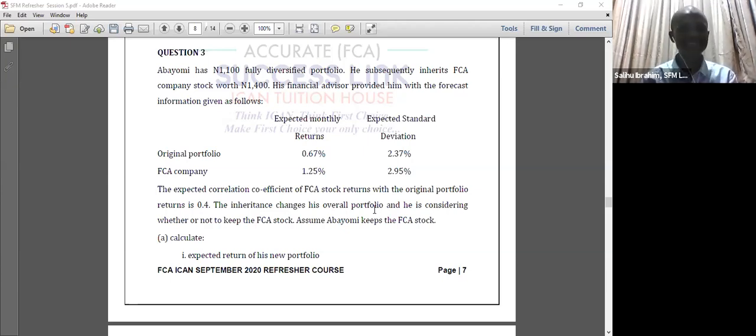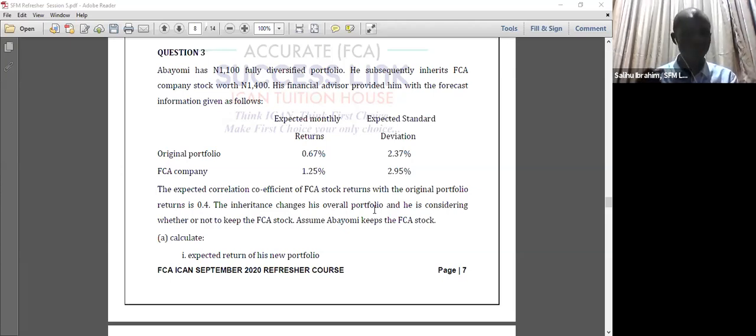We have expected standard deviation. Then we have our original portfolio. The expected monthly return on our original portfolio is 0.67%. The standard deviation of our original portfolio for Abayomi is 2.37.